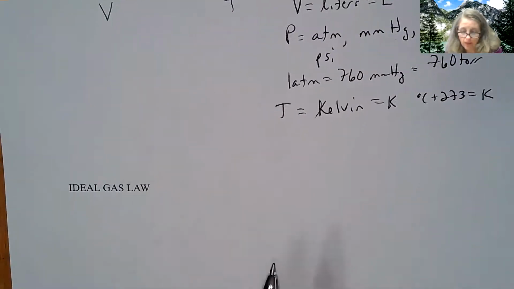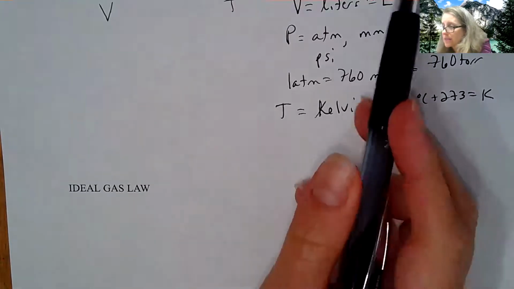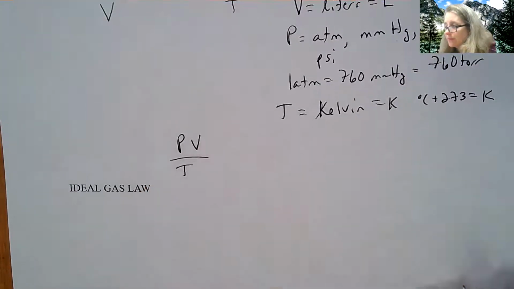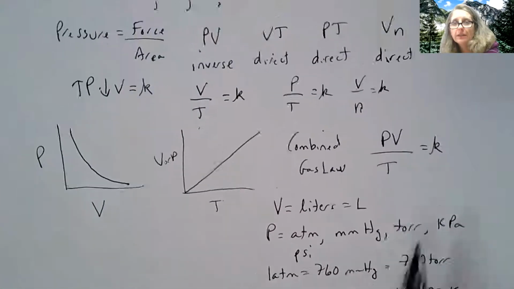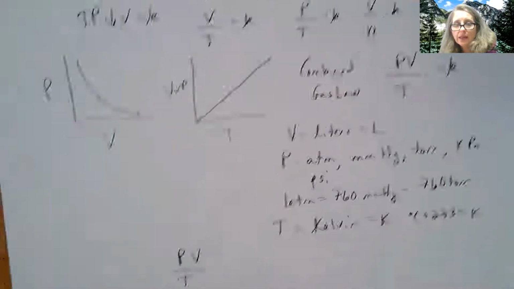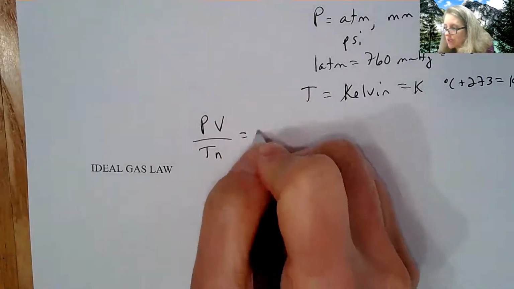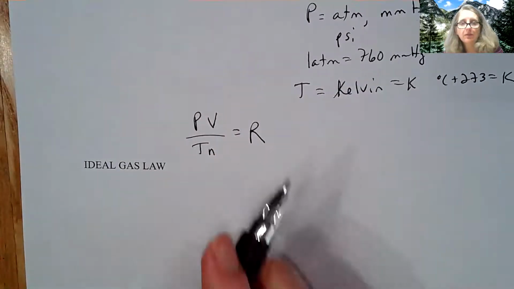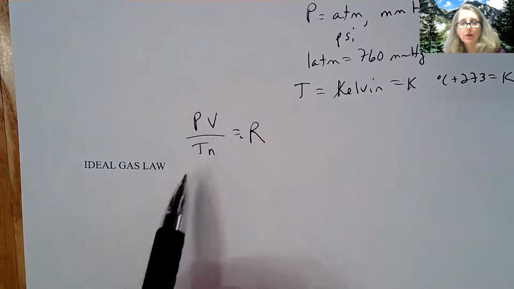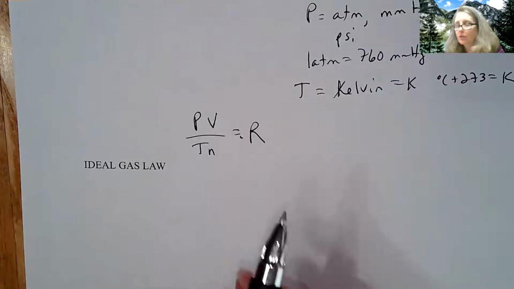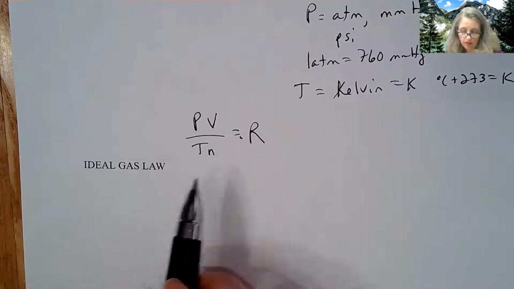So if I take a look at this combined gas law, and I include one more variable, the one variable I did not include was n. Well, if I do include n, it becomes a particular constant called capital R. And what I'm deriving, or essentially not deriving but kind of clueing you in on, is something called the ideal gas law.